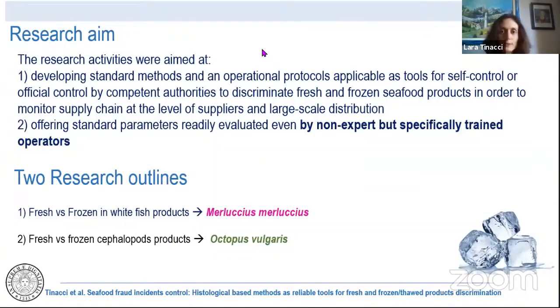This considered, the aim of the research that I would like to present you was to focus on developing a standard method and operational protocols applicable as a tool for self-control or official control by competent authorities to discriminate fresh and frozen seafood products, in order to monitor the supply chain at every level, so also at the level of the suppliers and large-scale distribution.